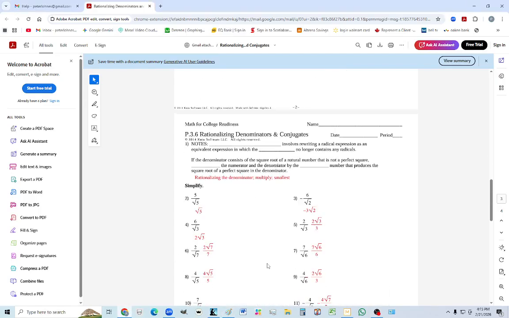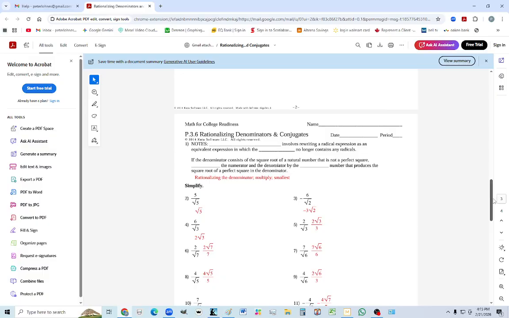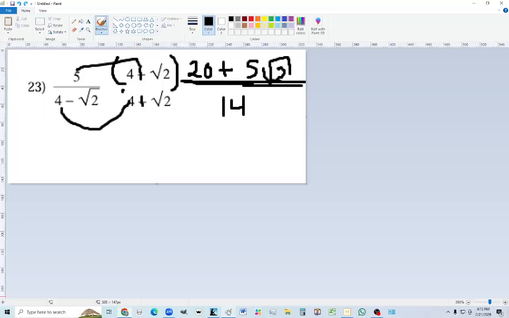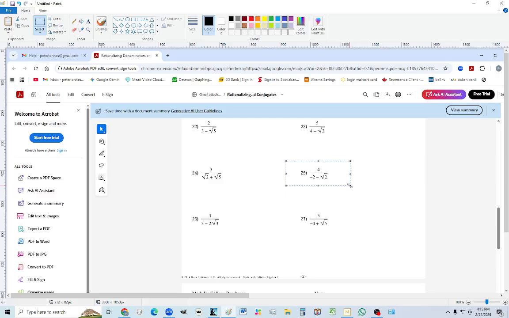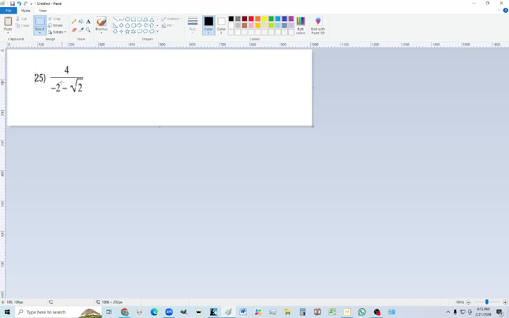Down below, let's see. I guess sometimes they're hard to see what to do. There we go. We'll try this one. Well, the opposite of this is simply changing the middle term only.